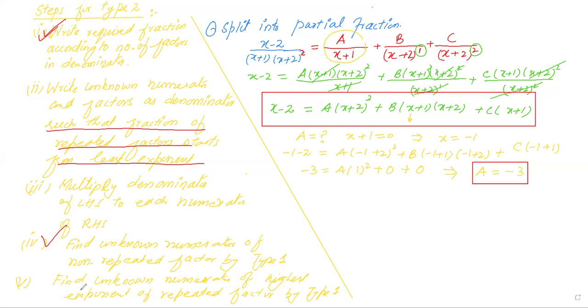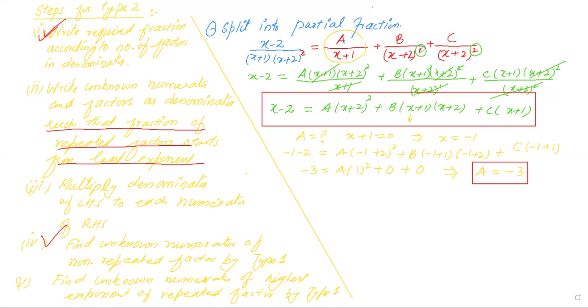The 5th step: find the unknown numerator of the highest exponent. Now x plus 2, the highest exponent is 2. That unknown you have to find over here. That is a very important thing.